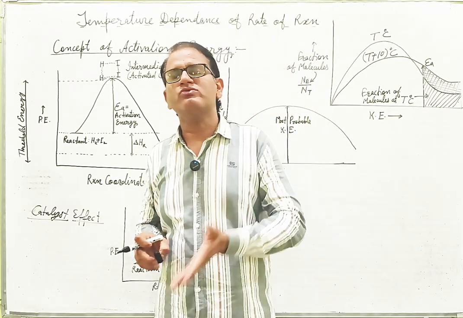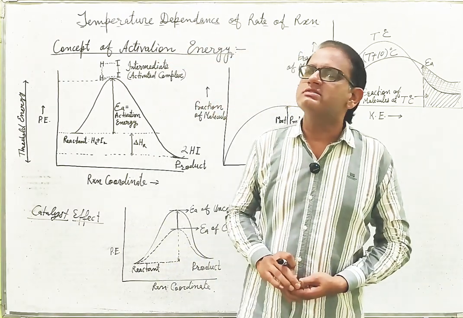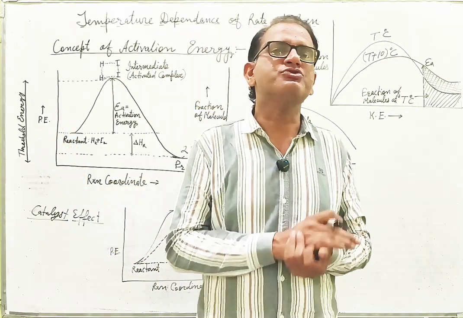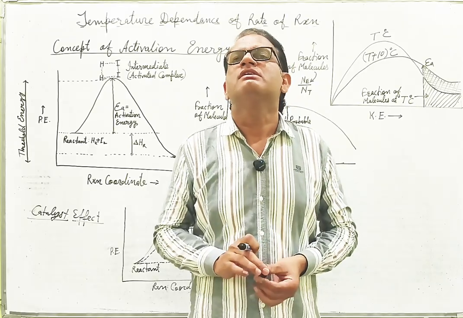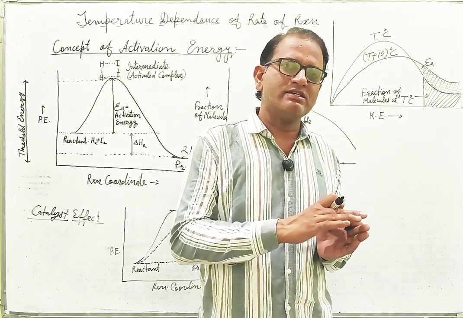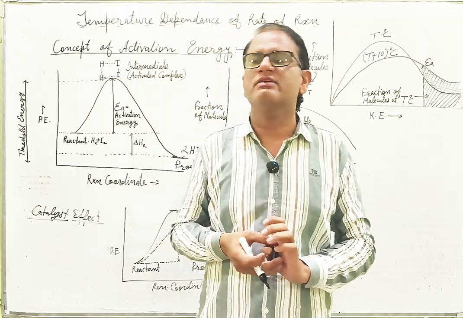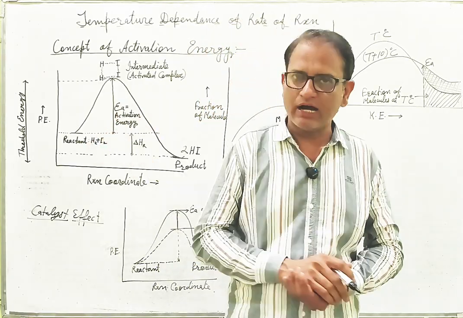According to Arrhenius, reactant molecules should collide with each other to get that extra energy and convert into product. Suppose we are considering a reaction between hydrogen and iodine.